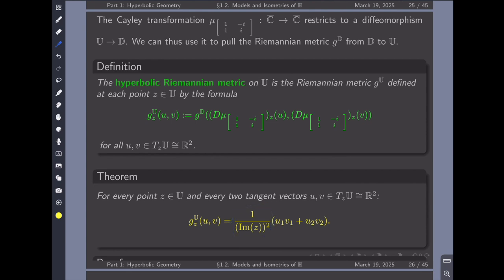So for a tangent vector anchored very close to the real line, it is very long. That's what I deduced from this, at least in an informal way.